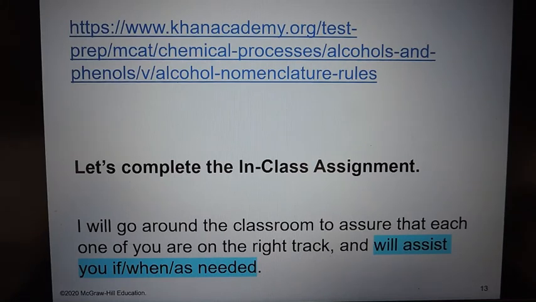You can do the in-class assignment with a partner you can choose from the class. As you work on the assignment, I will go around the class to make sure that all of you are on the right track. And if anybody needs any help to complete the assignment, or to get a better understanding of it, I'm here to re-explain and provide that help.